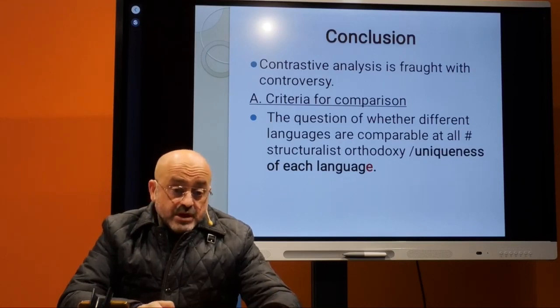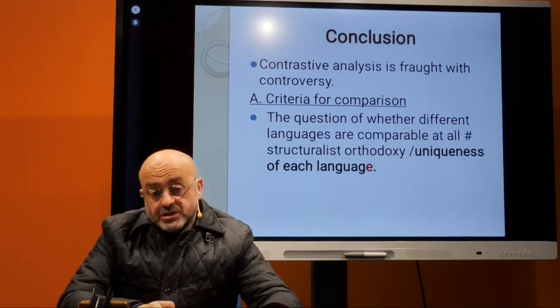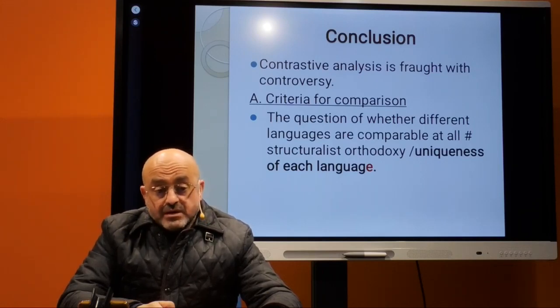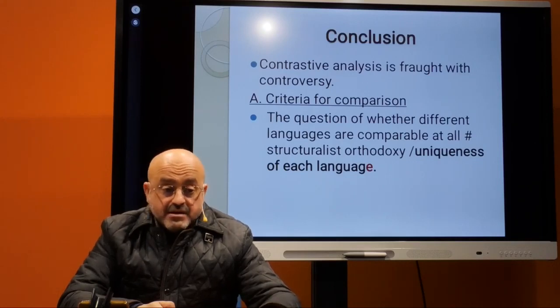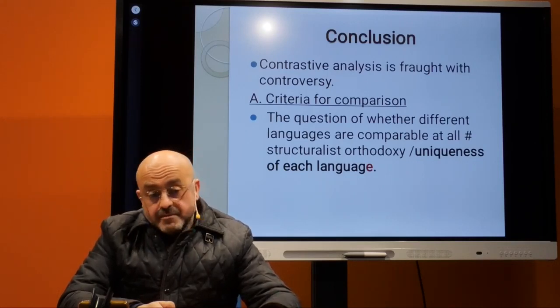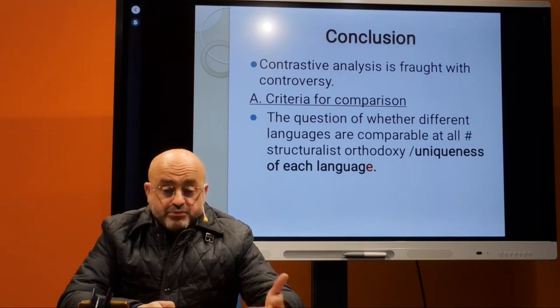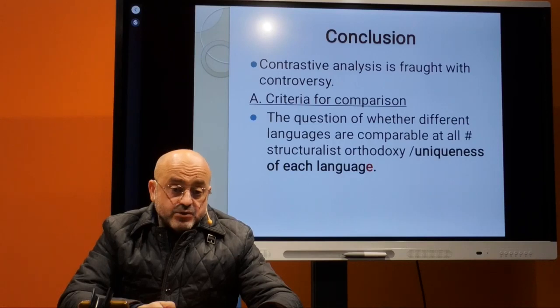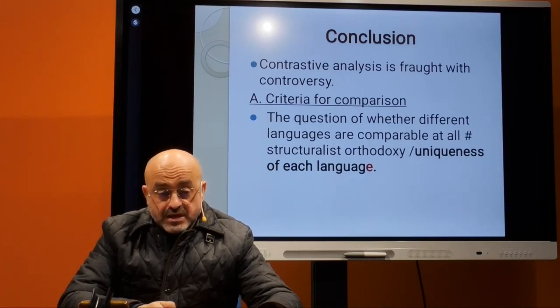For example, practically in all languages, we can say that they share some grammatical aspects, like, for example, singular, plural, feminine, masculine, referring to the present, past, and the future. This is something universal that can be found in all languages, but still each language is unique.